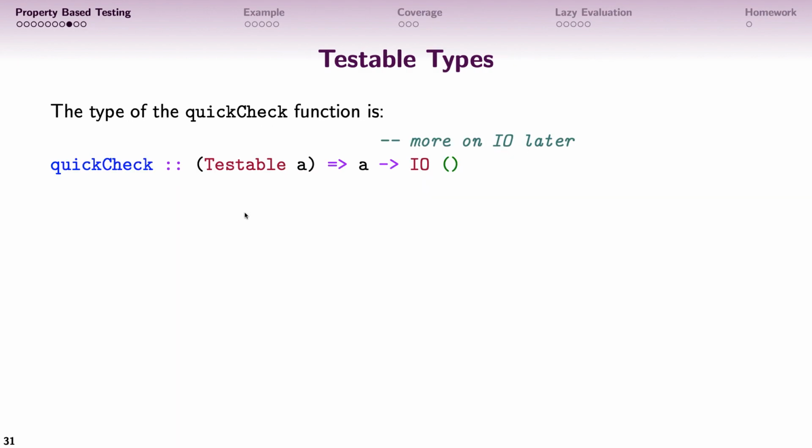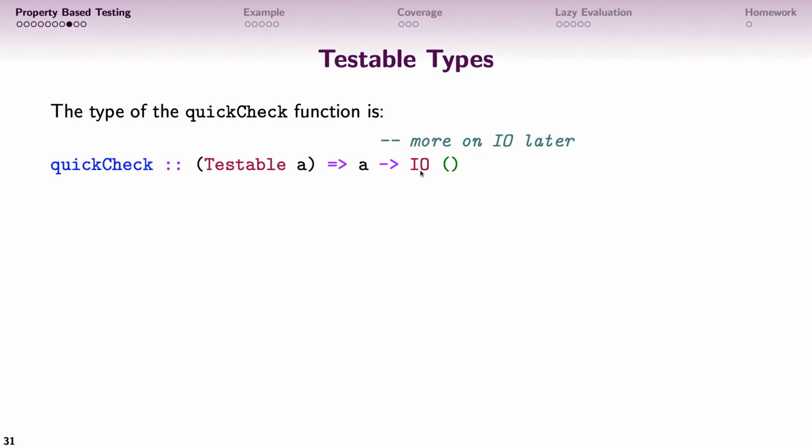This quickCheck function that I used to test my property has this interesting looking type. It takes in a Testable A, whatever type A is, it just has to be a testable thing, and returns an IO action. I'll tell you what an IO action is in week 5, I think.